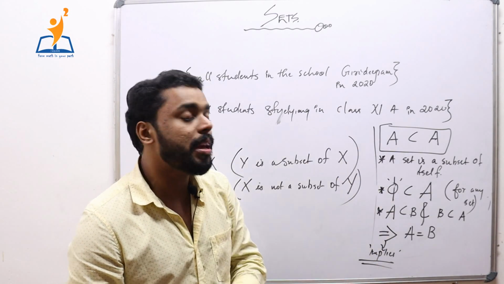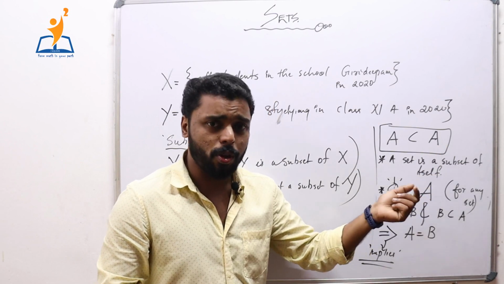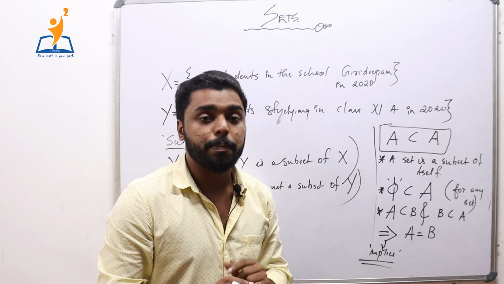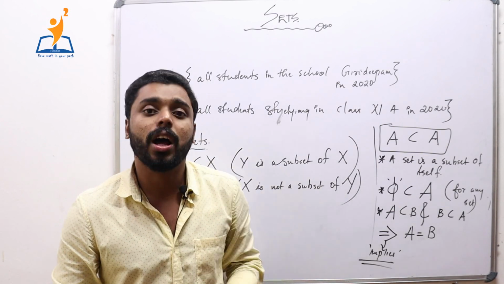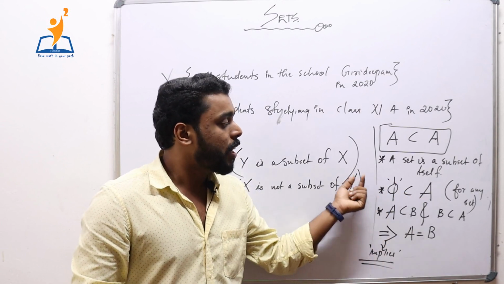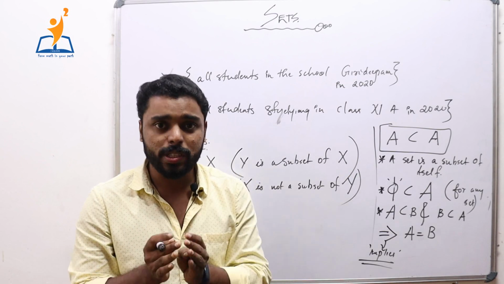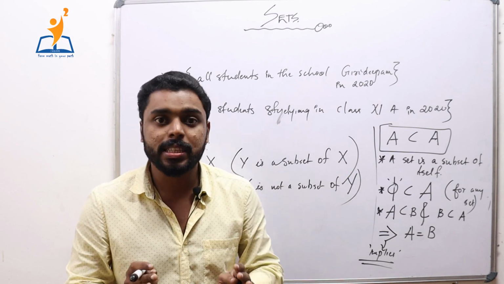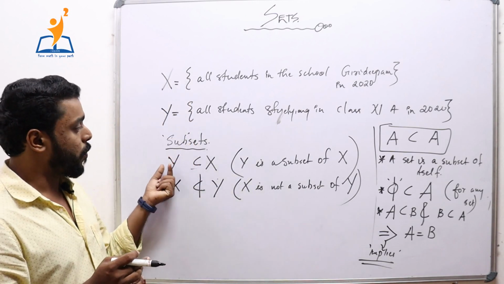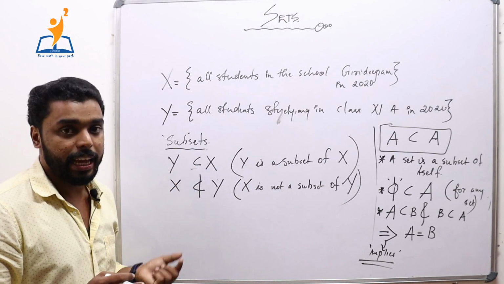These 3 points are very important in understanding subset. A set must be a subset of itself because every element of the set is in itself. And phi must be a subset of A, which means that literally speaking phi does not have any members, and thus for any set A, phi will be a subset of that set. Because literally phi does not have any members, and we have the definition of a subset as Y is said to be a subset of X if every element of Y is in X, right?